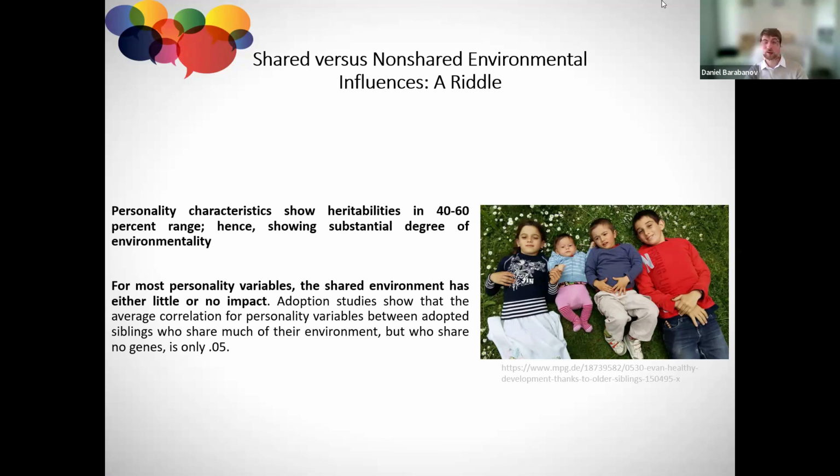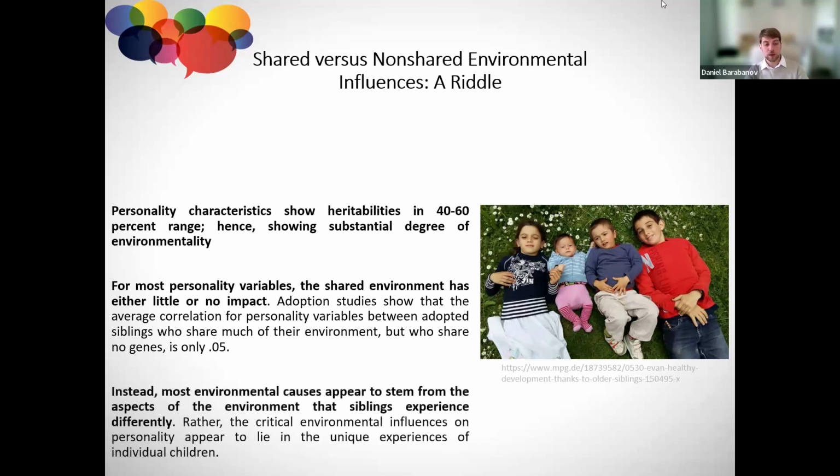But again, we should be very careful with such findings. Again, it's connected to a lot of ethical implications we should be mindful of. So I won't be surprised if we get somewhat different, clarified results on this matter in upcoming years. Most environmental causes appear to stem from the aspects of environment siblings experience differently, as I said. So we should be mindful of that.